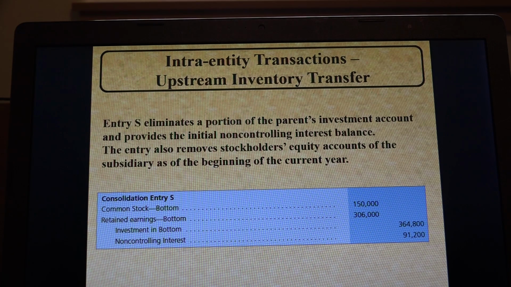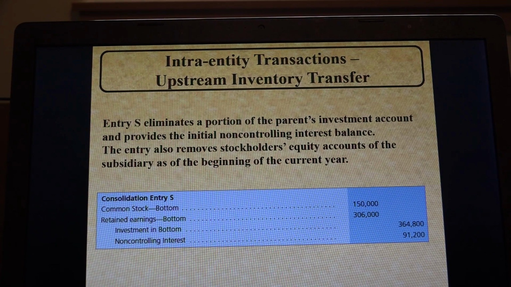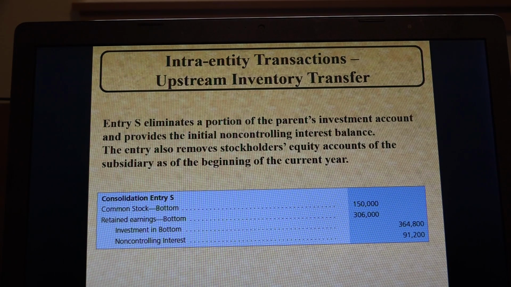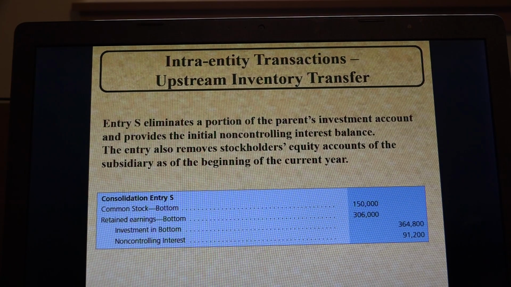So it affects your consolidation entry S, and thus reflects the correct amount of investment by the top company, the controlling interest, as well as the proper number for the non-controlling interest.